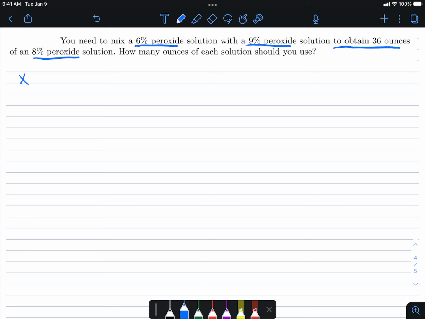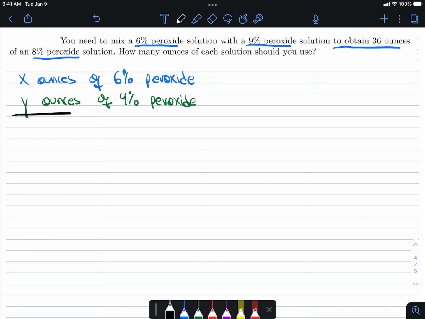So let's say I have x ounces of the 6% peroxide solution, and then y ounces of the 9% peroxide solution. So we're going to add the two to get the 36 ounces of the 8% peroxide solution.